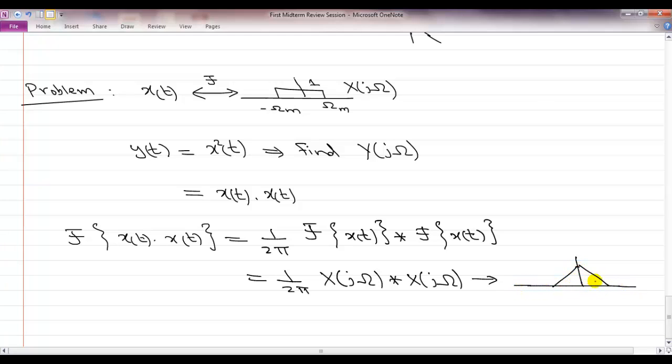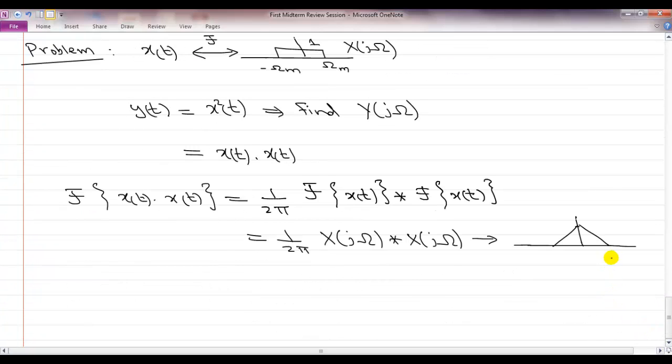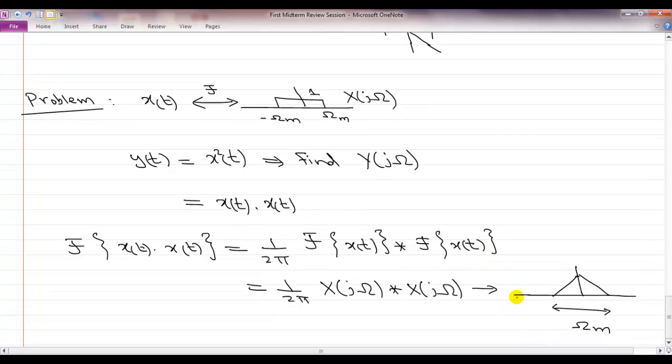Depending upon where it started, the endpoints of this triangle will not be omega m. I actually started with a width of 2 omega m, so in this case the whole width will be 4 omega m. You can do it explicitly using the convolution formula.